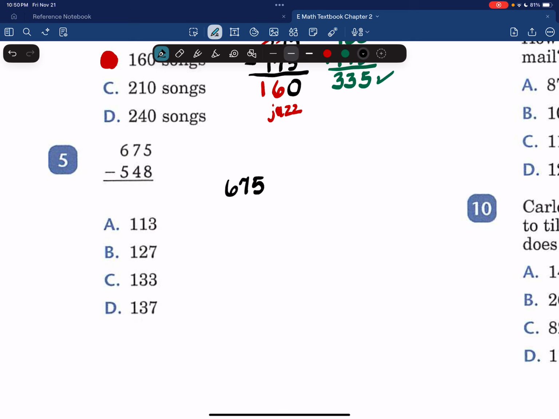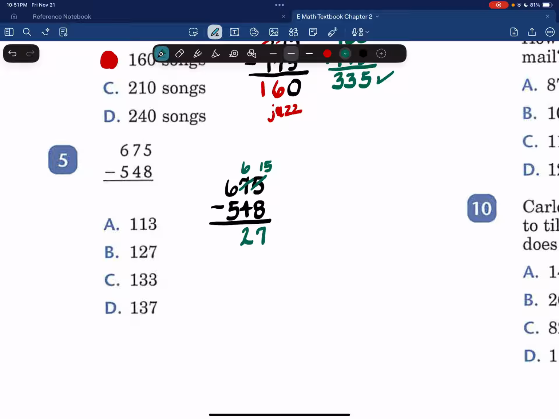675 minus 548. 5 take away 8. The bottom number's bigger, so I better borrow. I'll do one there and give it to this one. Don't go wild with borrowing. 15 take away 8 is 7. 6 take away 4 is 2.